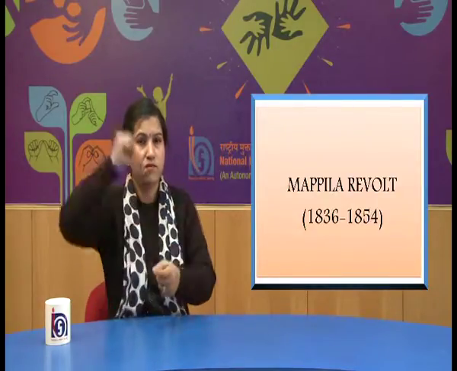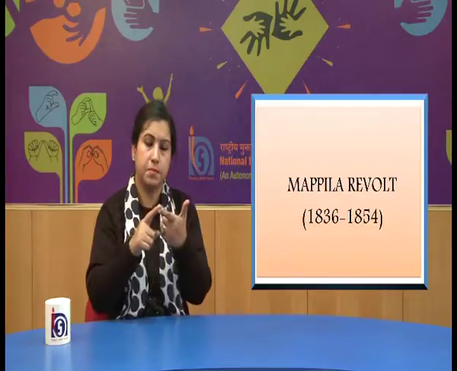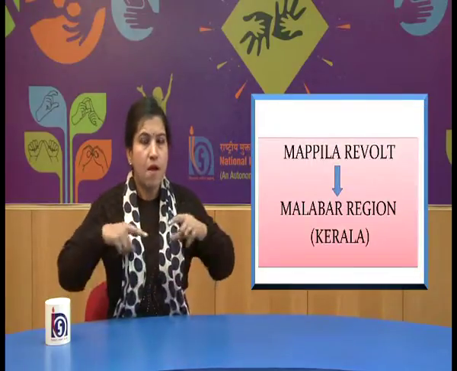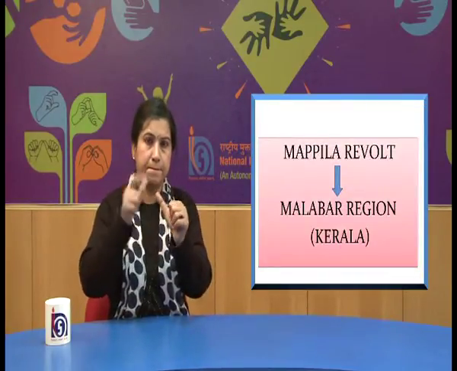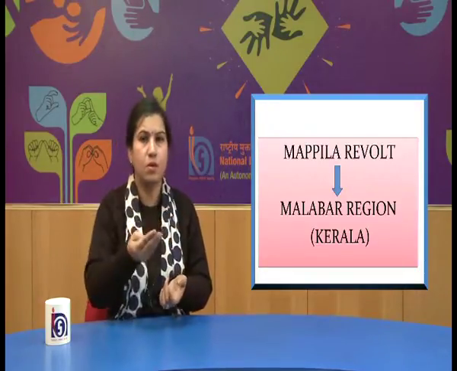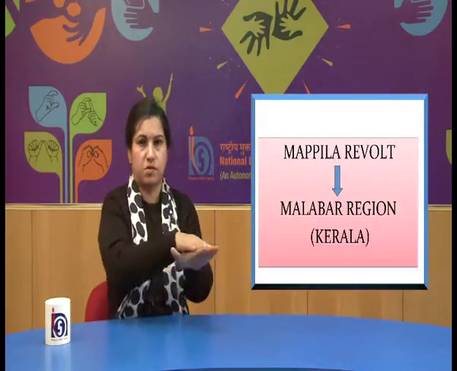Now, the sixth revolt which we are going to discuss is Mapila revolt. Mapilas lived in the Malabar region of Kerala. They were Muslim laborers, farmers, and fishermen.